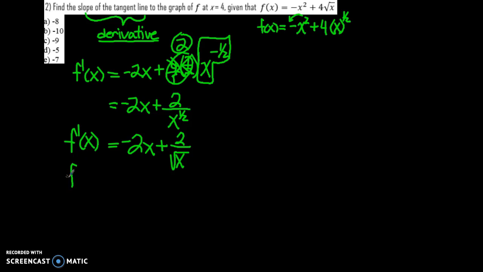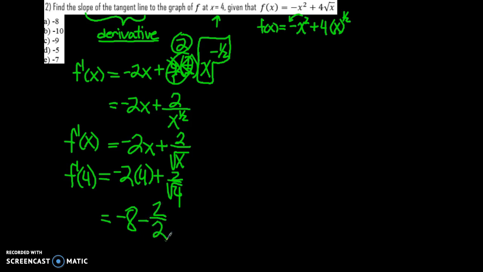Now we need to find f prime at x equals 4. What's the slope at 4 of the tangent line? So, square root of 4. We've got -8, 2/2, sorry, which equals -8 plus 1, -7.